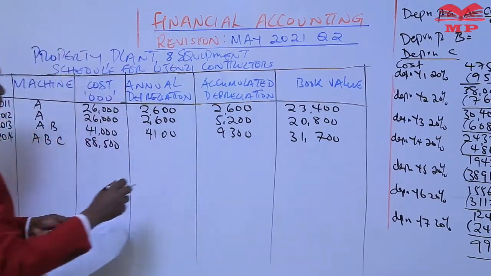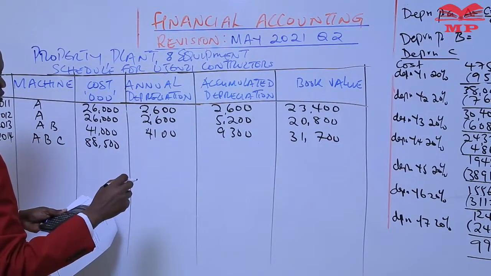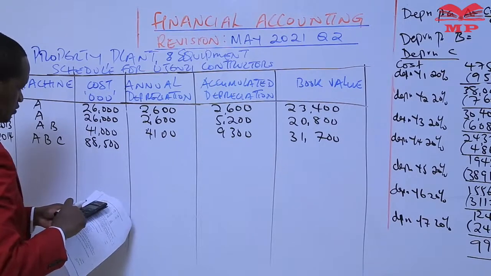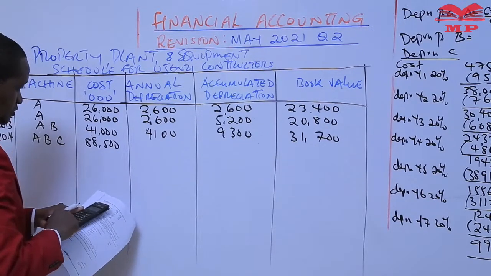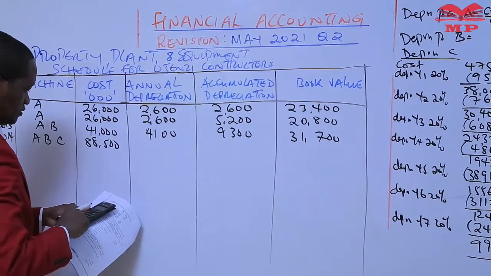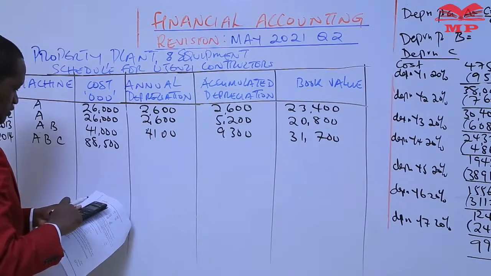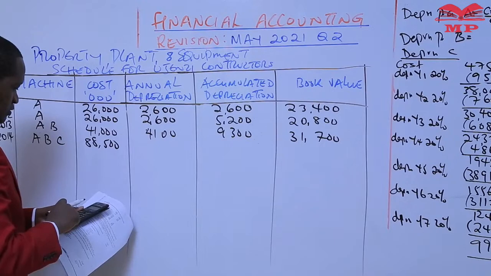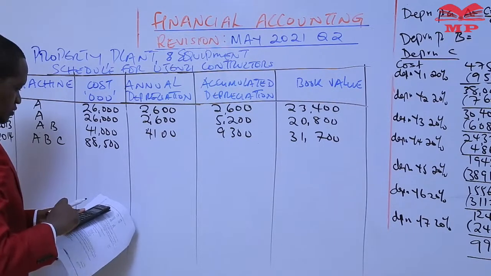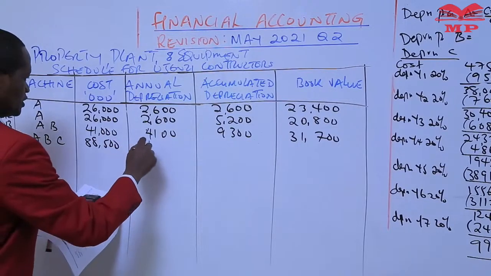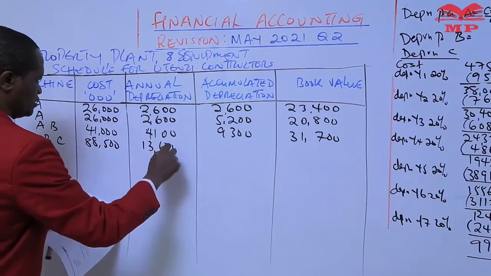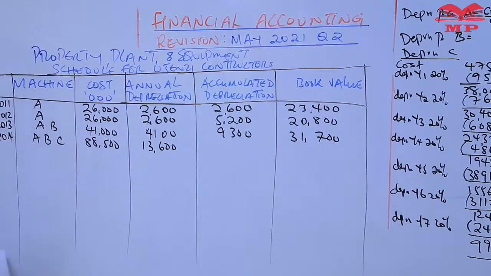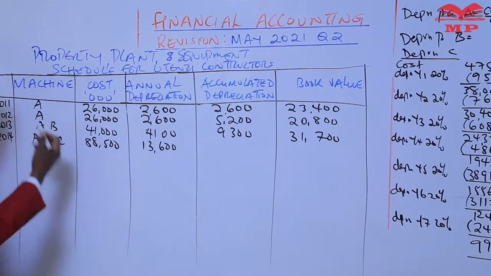This is equal to 13,600. Annual depreciation machine A, B, C, candidates.